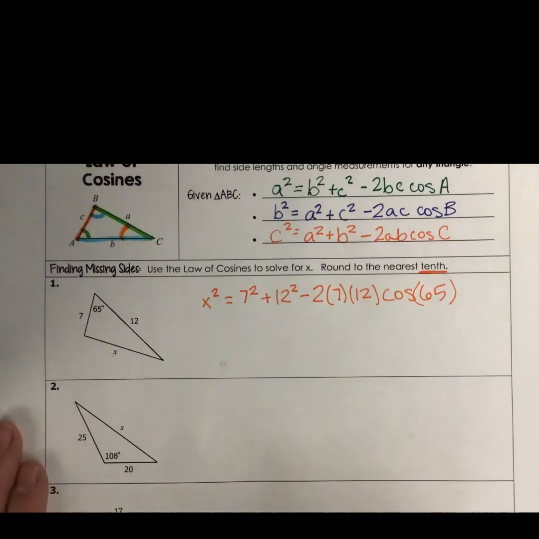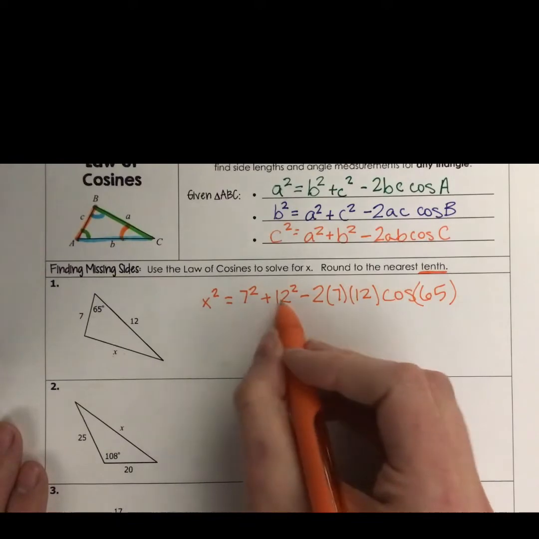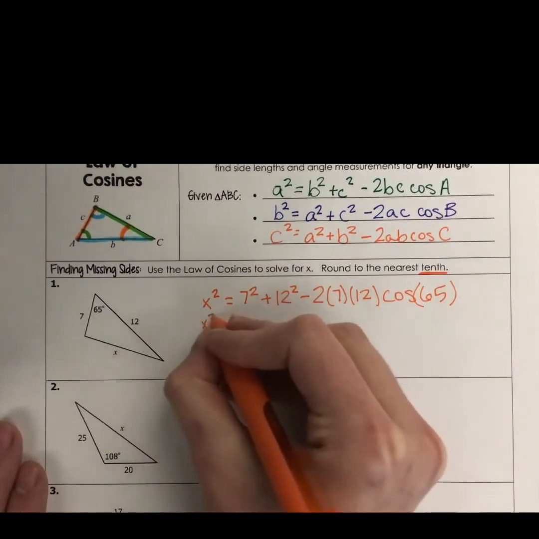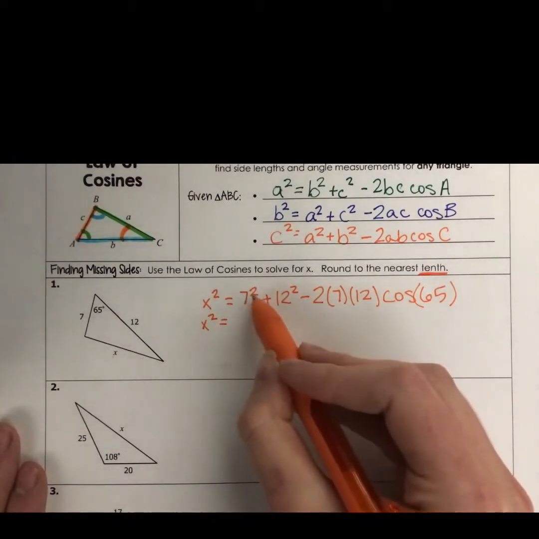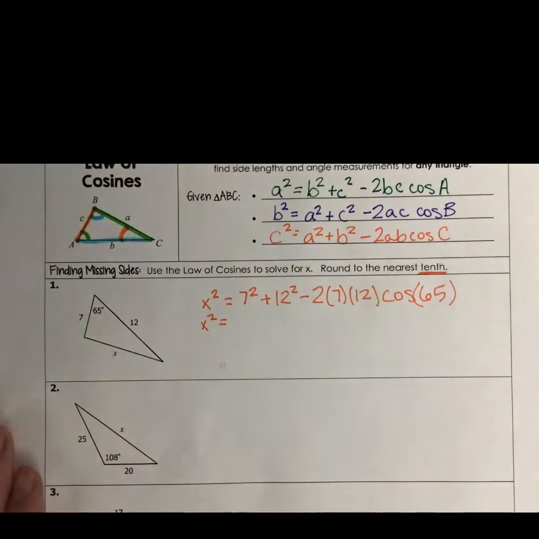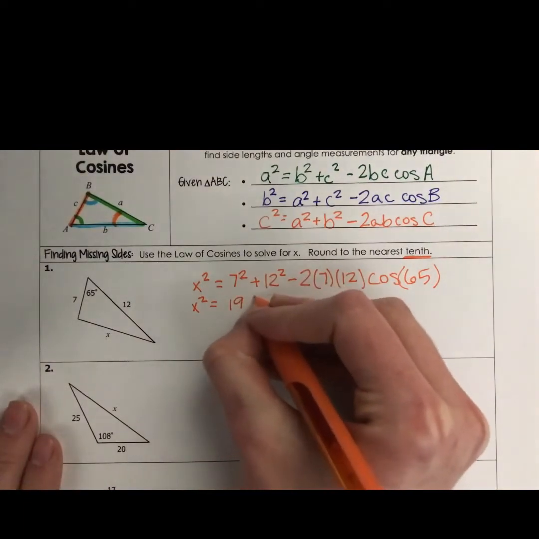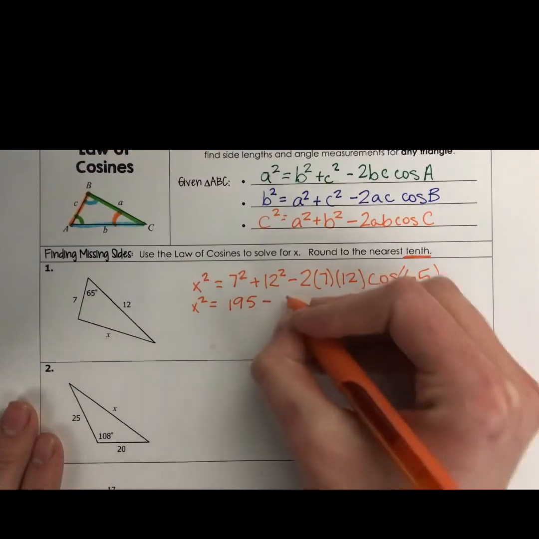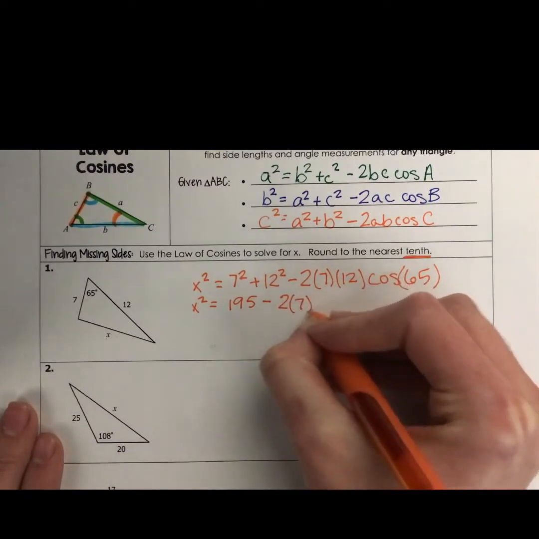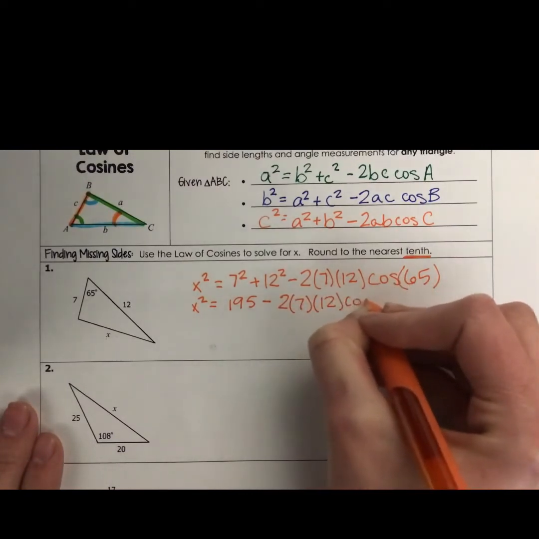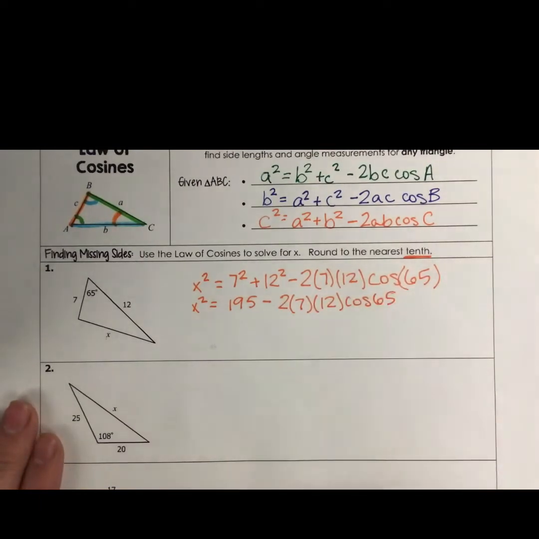Well, the nice thing is that I can do a lot of simplifying right here. x squared equals 7 squared, which would be 49, plus 12 squared, which would be 144. So now when you take those two and add them together, you would get 193. So we have 193 minus 2 times 7 times 12 cosine of 65.